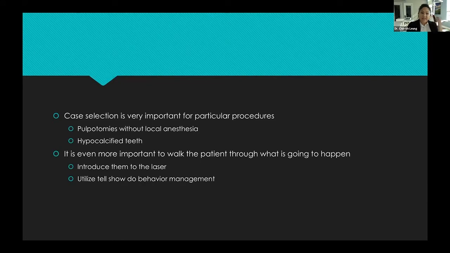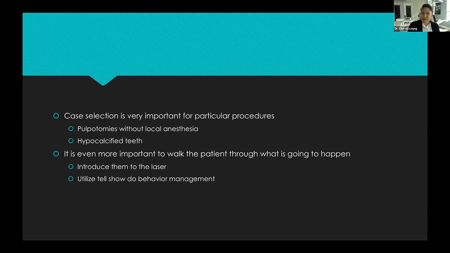I find that case selection is very important for certain procedures. For the most part, I can use the laser on just about anyone because, especially with soft tissue, there's very minimal discomfort. But certain things you do need to worry about case selection, as with anything in pediatrics. For pulpotomies without local anesthesia, which we'll discuss later, you sometimes have to worry about case selection, because there are some kids who, even if you spray the water outside of their mouth, are jumping through the roof.